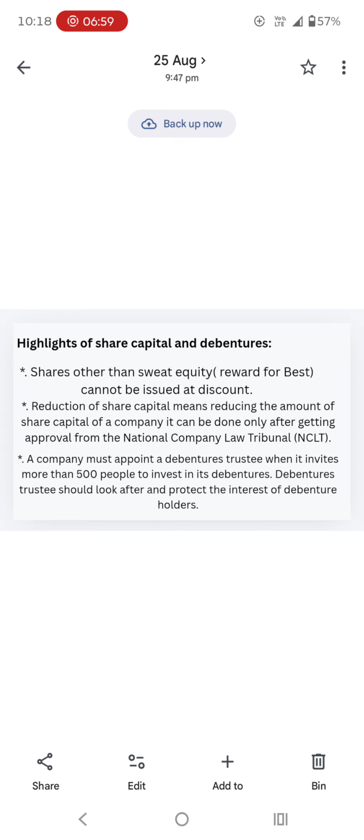The main responsibility of a debenture trustee is to look after whatever is going on in the business and protect the interest of debenture holders. And they should not do any fraud. They should always protect the interest, and they should never make a mistake in anything.